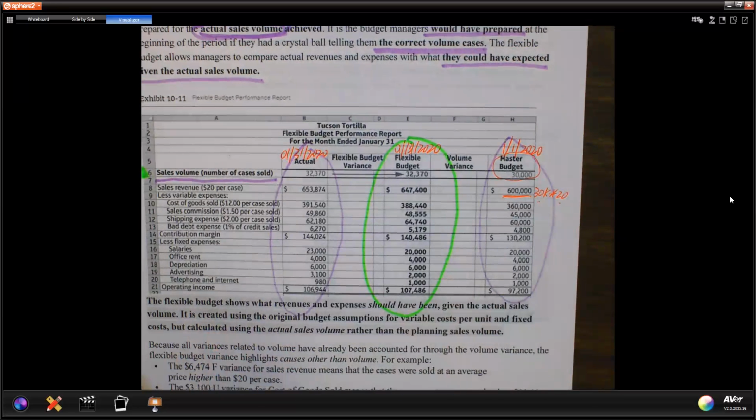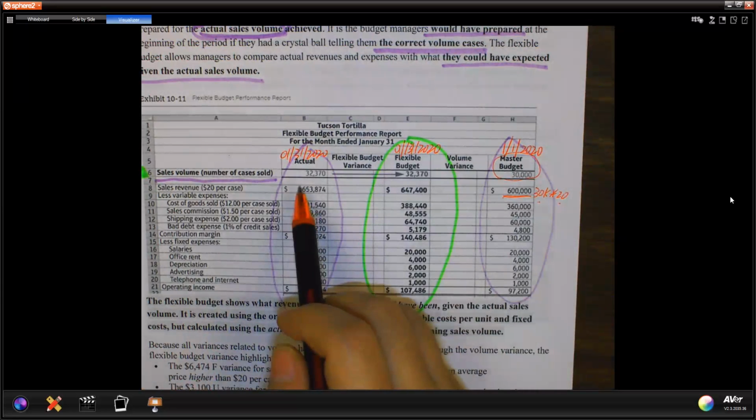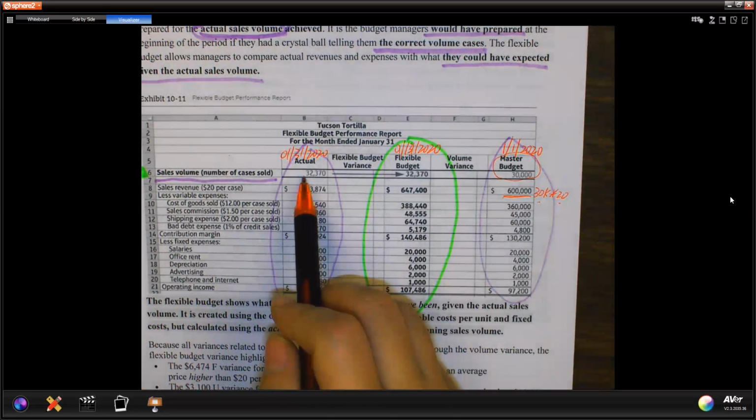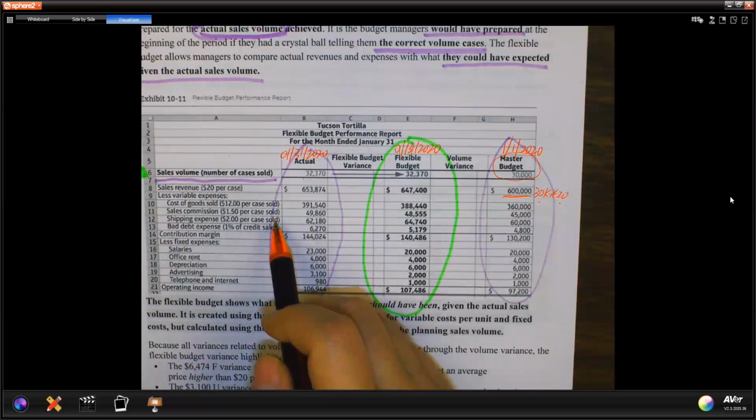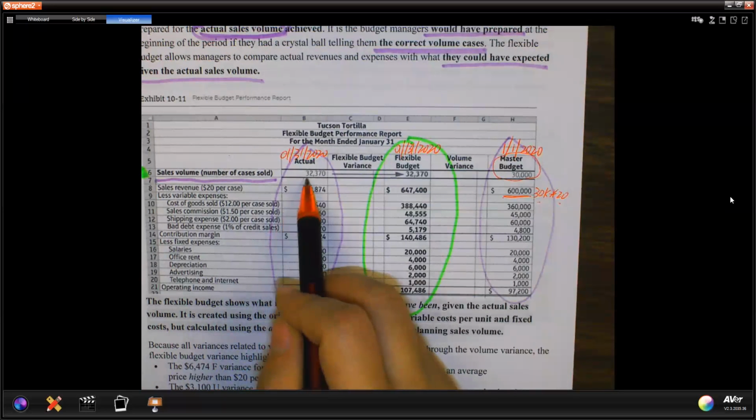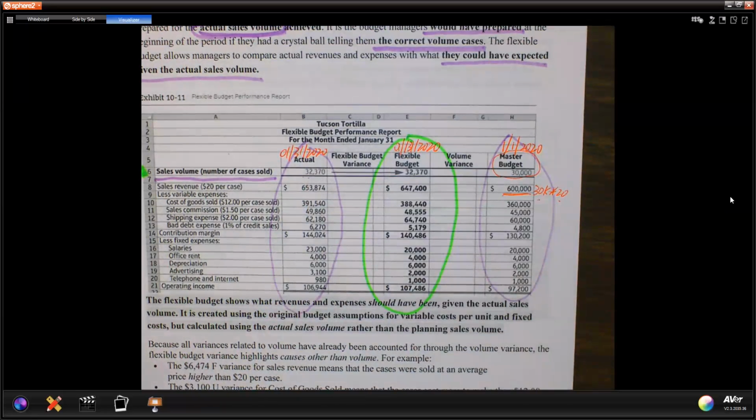Your actual is, you actually sold 32,370 units.